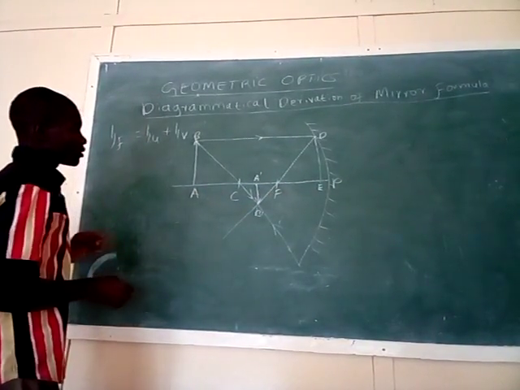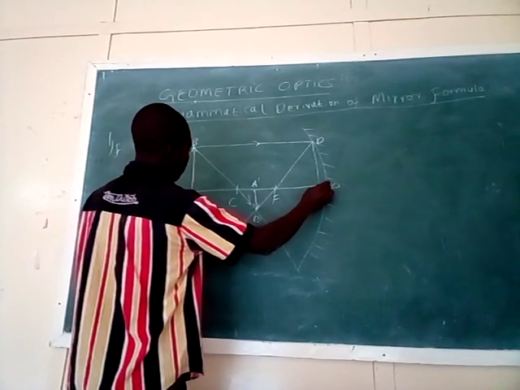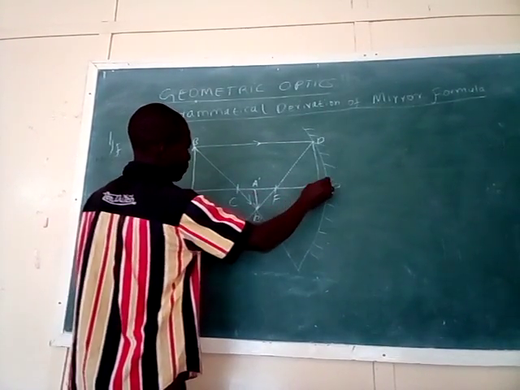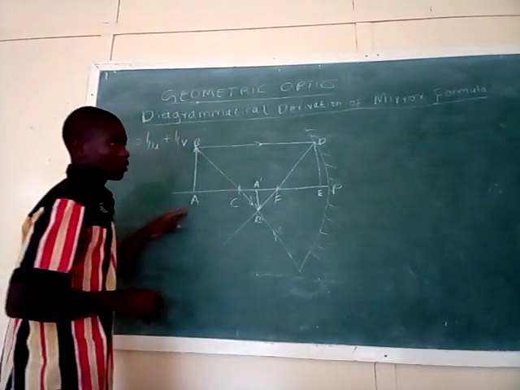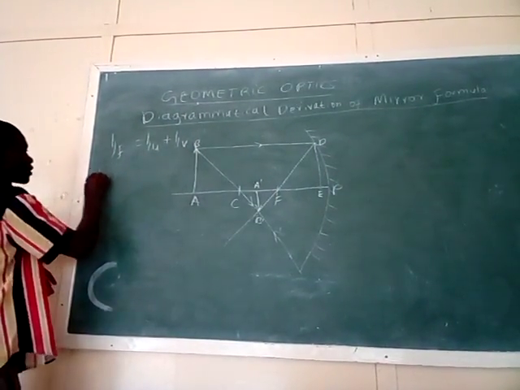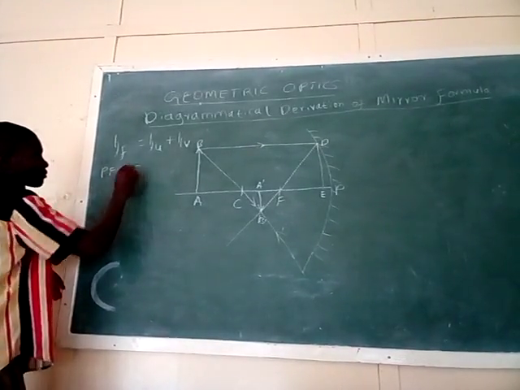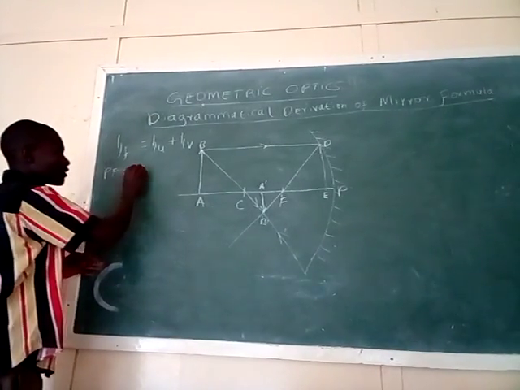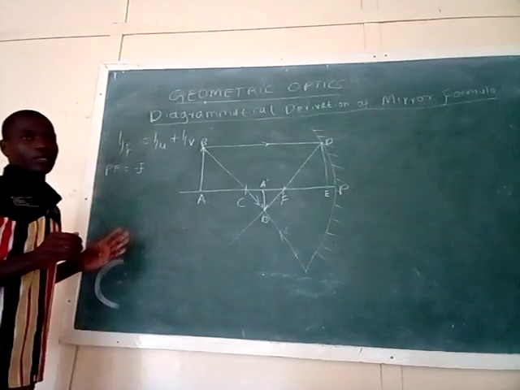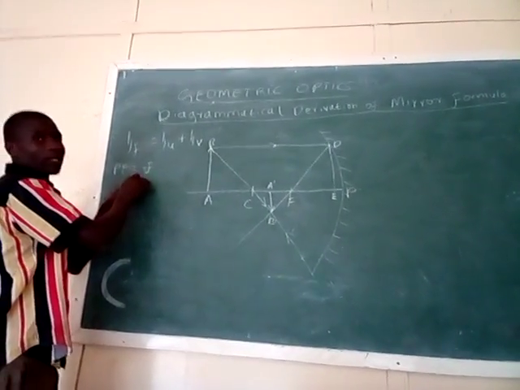So from P, which is the pole of the mirror, to F, the focal point, PF is equal to the focal length. But because we want to derive the mirror formula, we introduce a negative for every element. For F, this one is going to be negative F.